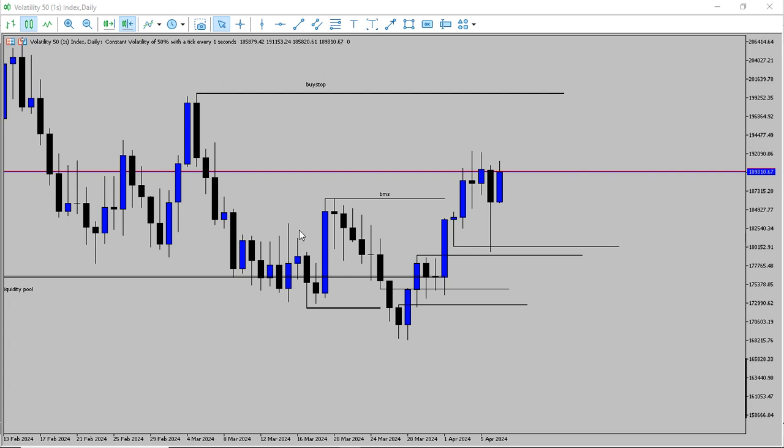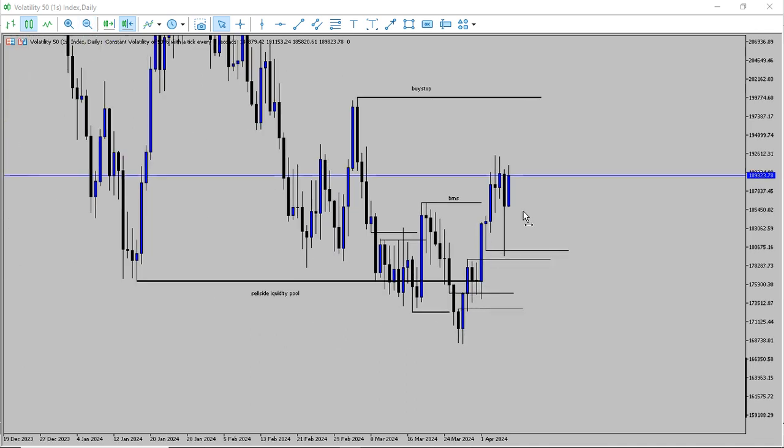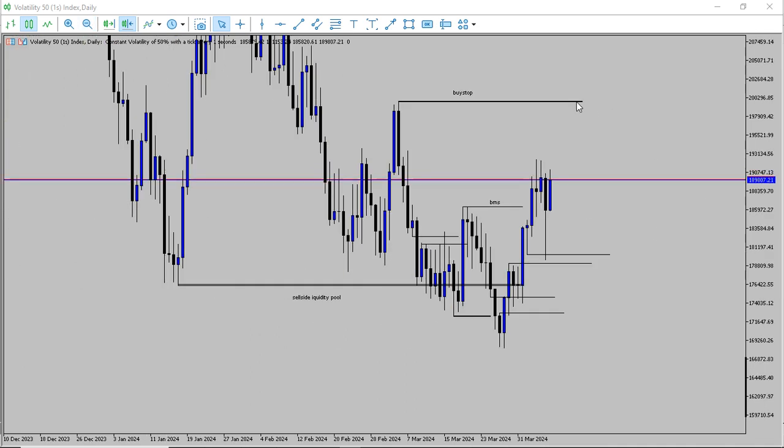It's just choppy price, and there's no inefficiency. Every inefficiency was filled up, just like we had right here. So everything was filled up. Now we shifted the structure from the daily time frame, which is a very clean confirmation of a structural shift. Then yes, we're looking to take this right here.